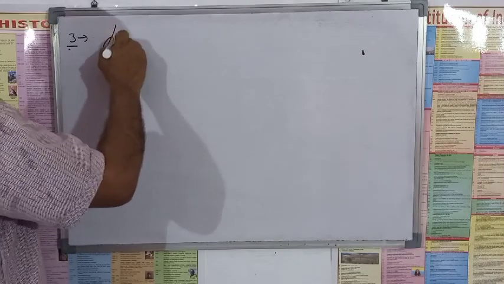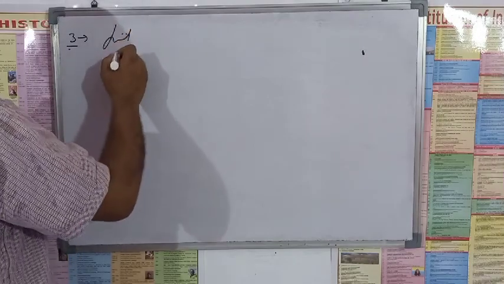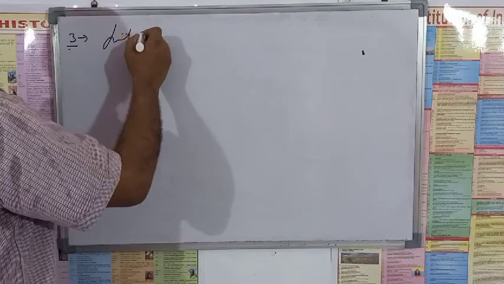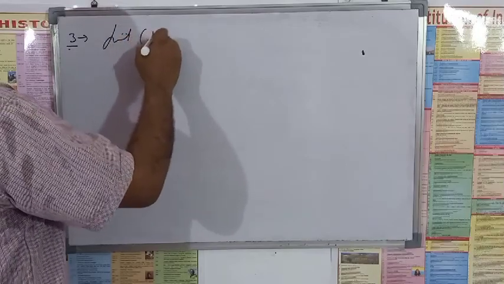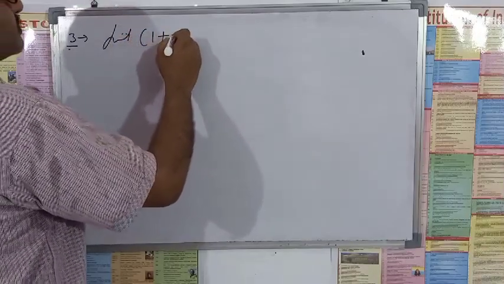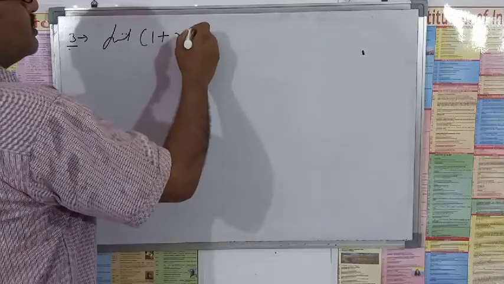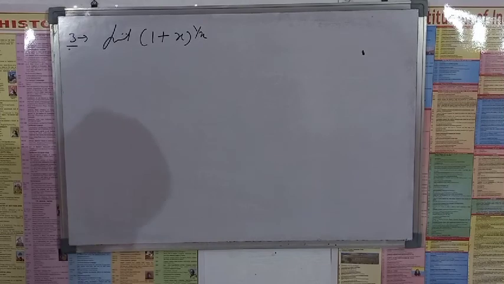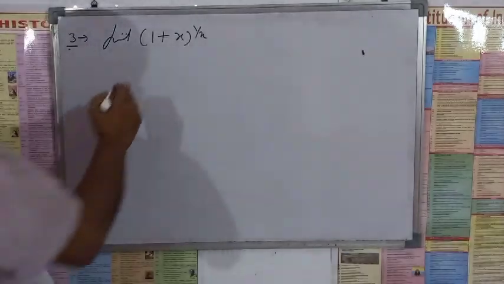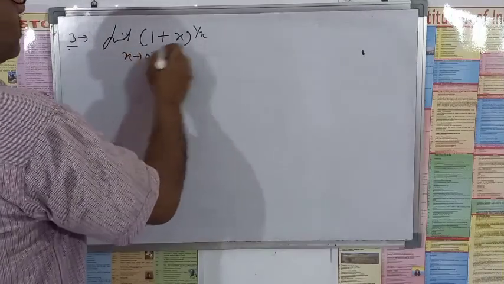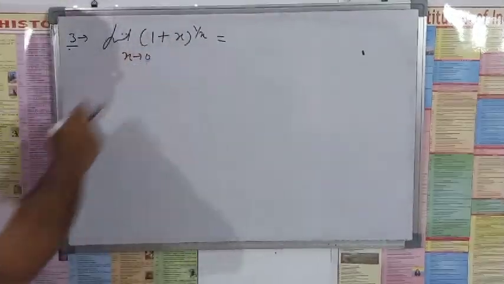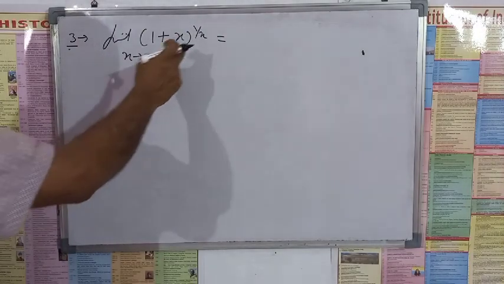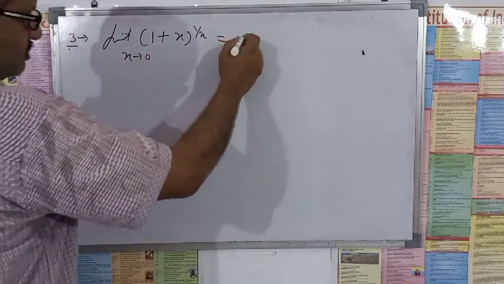Limit of (1 plus x) to the power 1 by x, as x tends to 0.